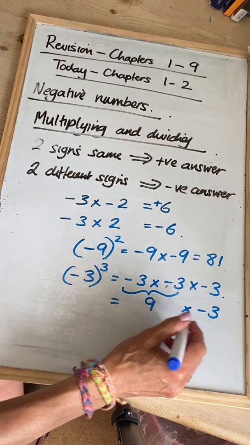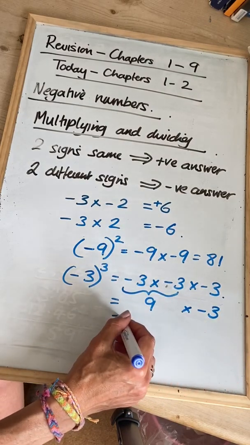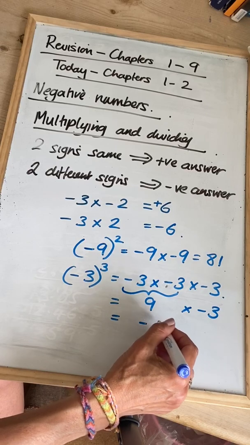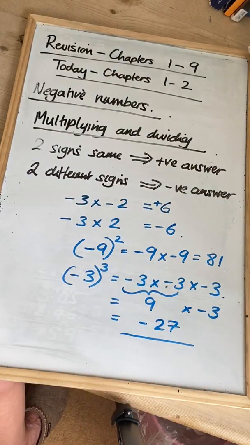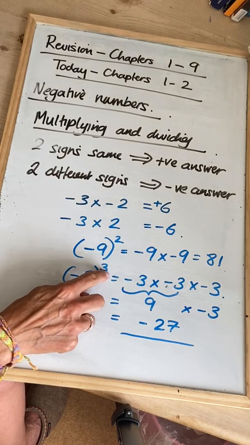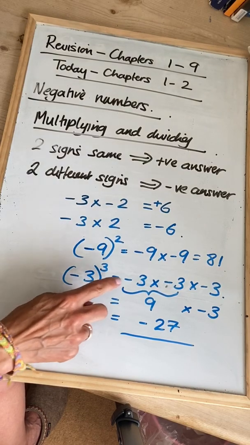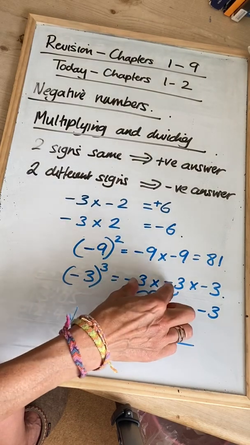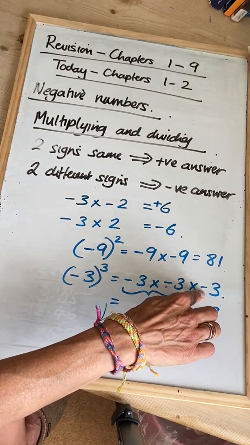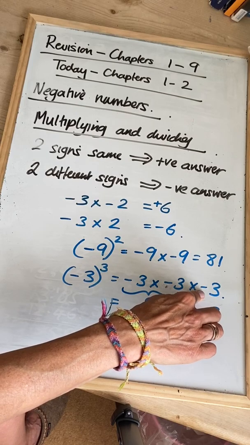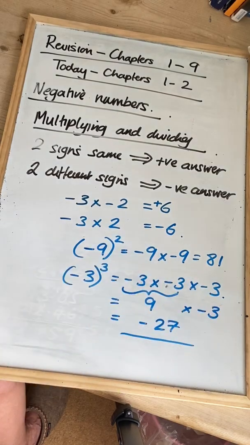So you've got a positive multiplied by a negative, and that would give you minus 27. Yeah, so the cubing of a negative number, because that negative sign gets cancelled out by multiplying twice, and then comes back in again by multiplying by the third time. Okay, exactly the same rules apply for dividing as well.